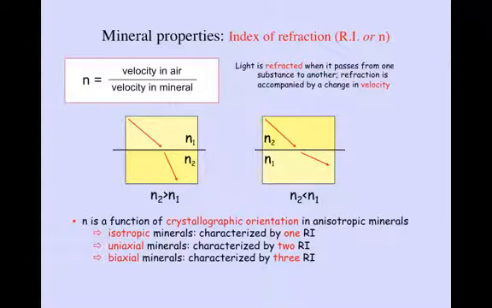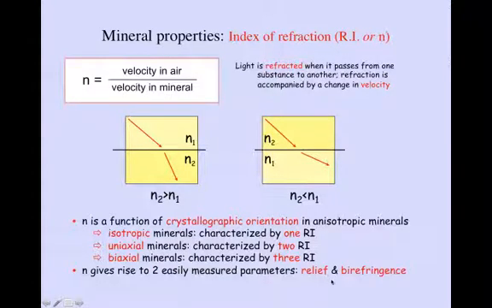So you see a single value for garnet in a reference text, you'll see two values for quartz, and you'll see three for any of the biaxial minerals. This refractive index gives us a couple of parameters that we can measure, and those are relief and birefringence.